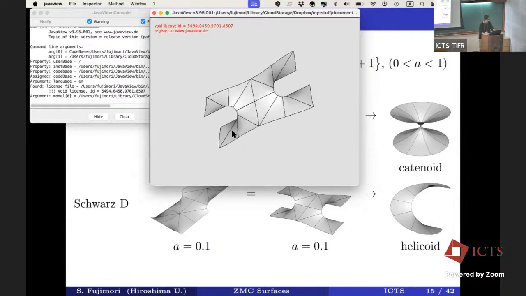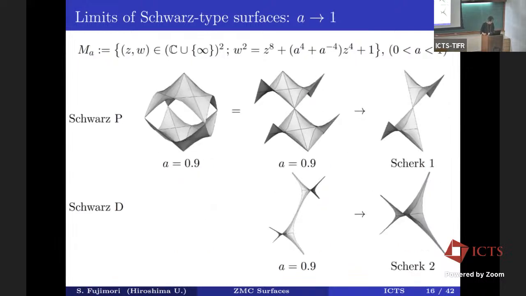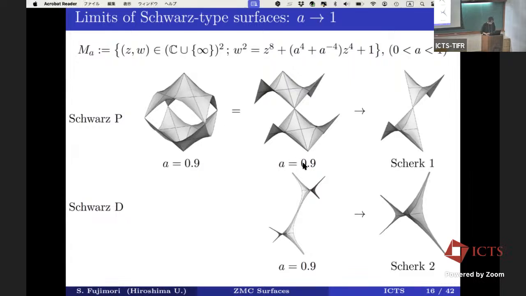And as a limit, we have half of this surface, and this is the helicoid again. So we have this example. And for the other limit, with A equal to 0.9, after a suitable translation this is exactly the same as this surface.